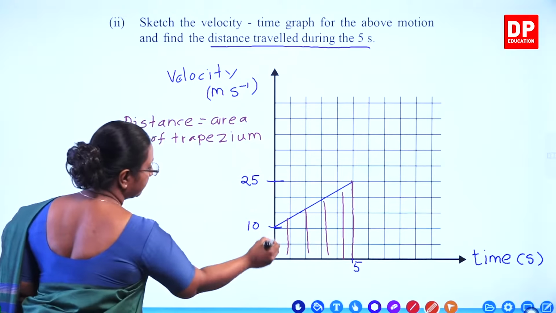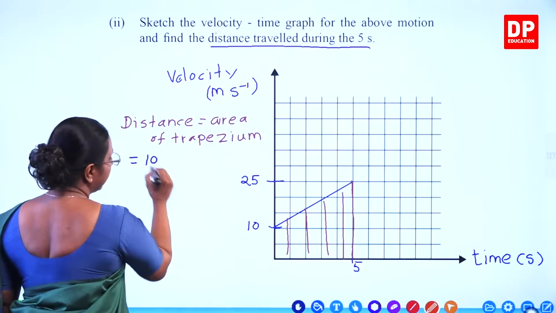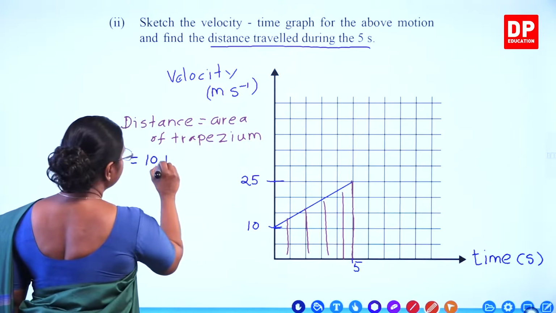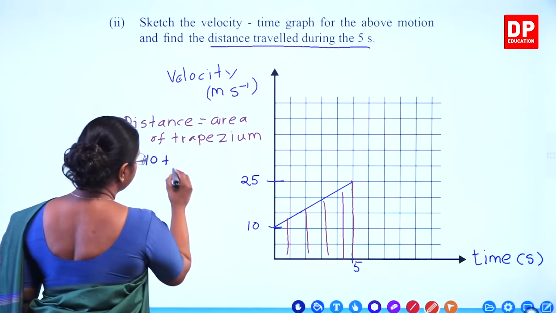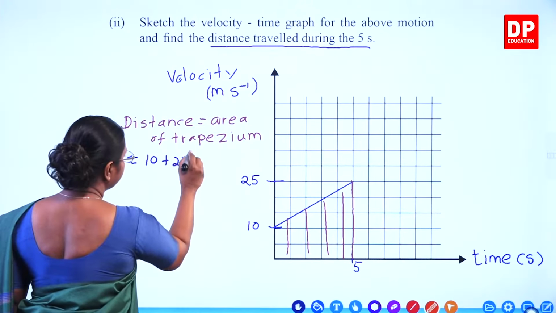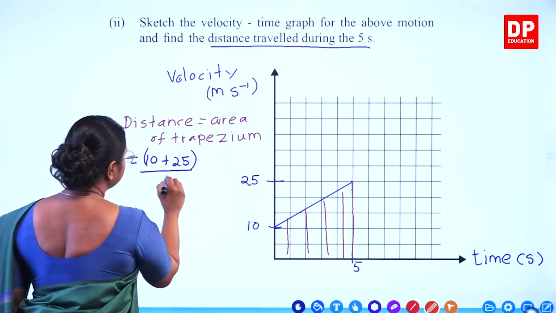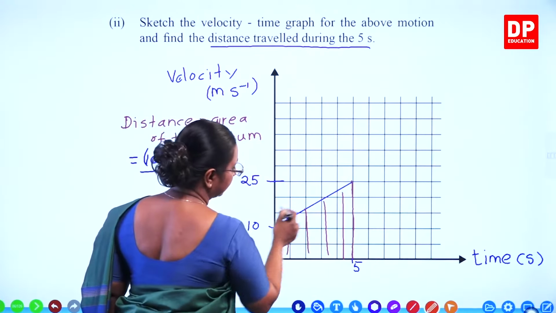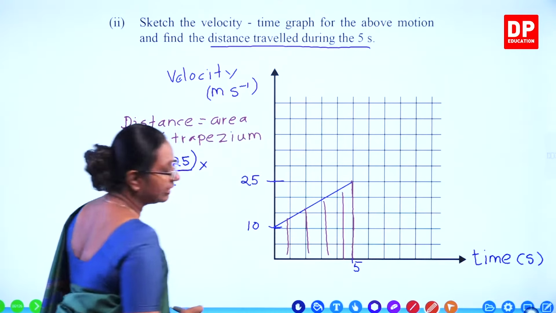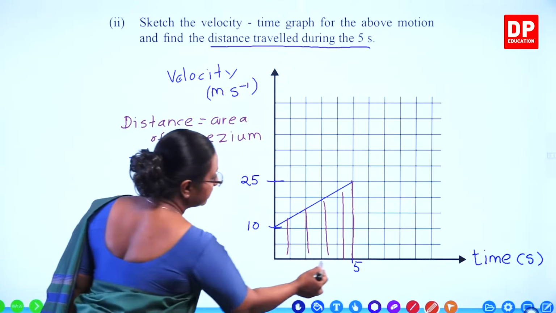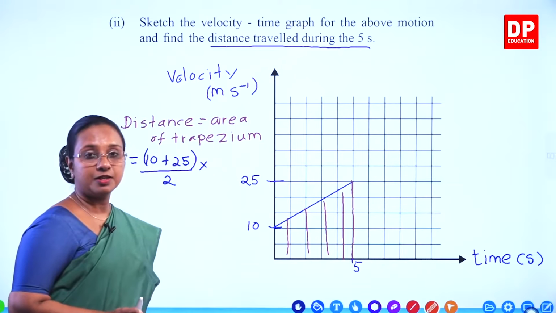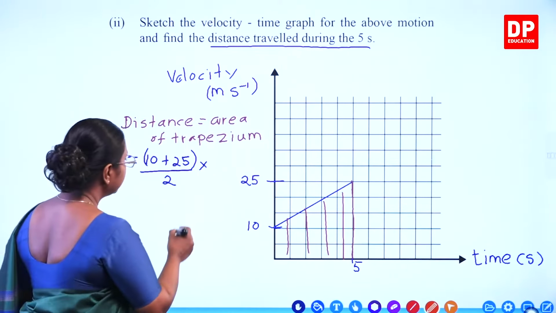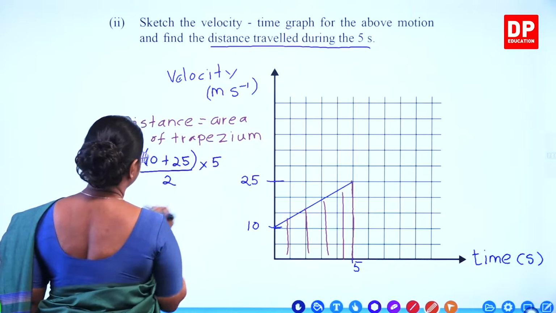So if we take the parallel side, the length of this side is 10 and the length of the long side is 25. That has to be divided by 2, and then we have to multiply by the perpendicular height. That is the time taken for the movement. So that is going to be 5.